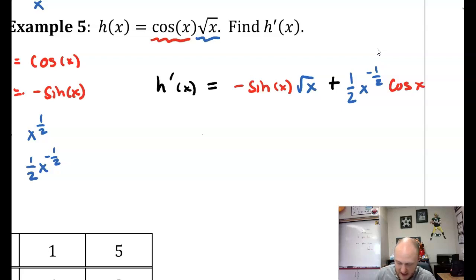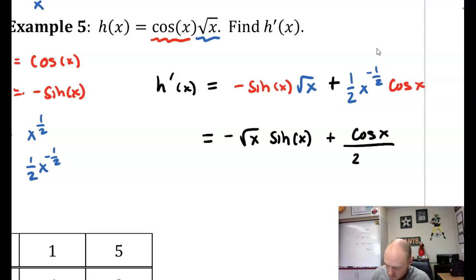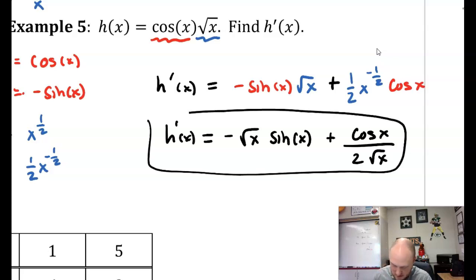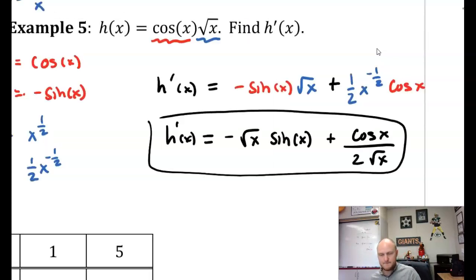Okay, and here I'm just going to clean some stuff up. So negative square root of x sine of x plus cosine of x over 2 square root of x. And I believe that is correct. Yep, so I got my notes. So there you go.